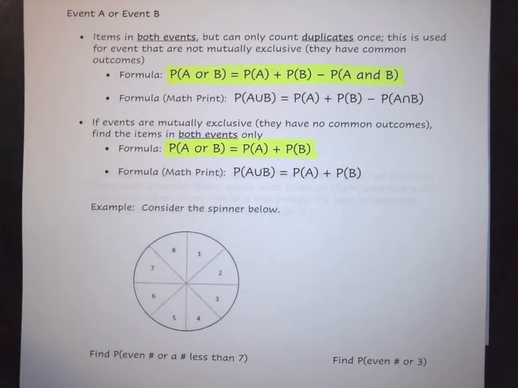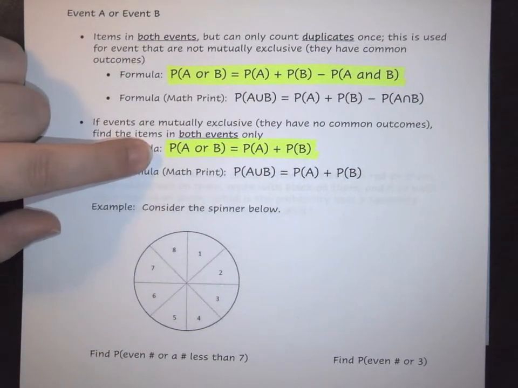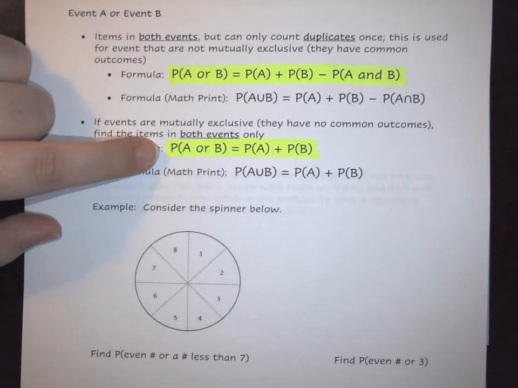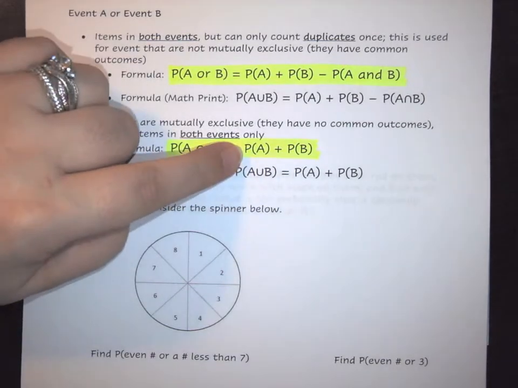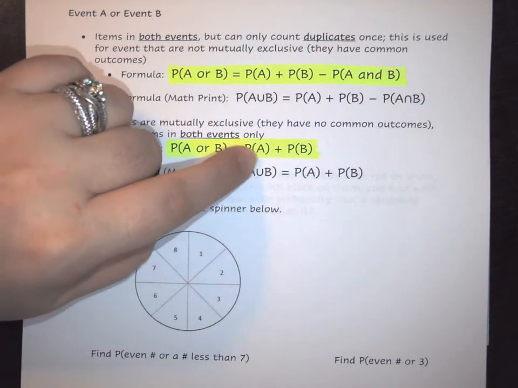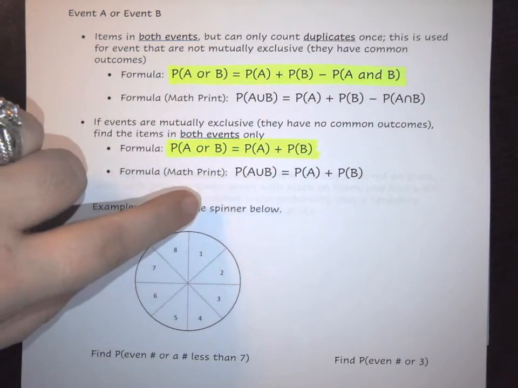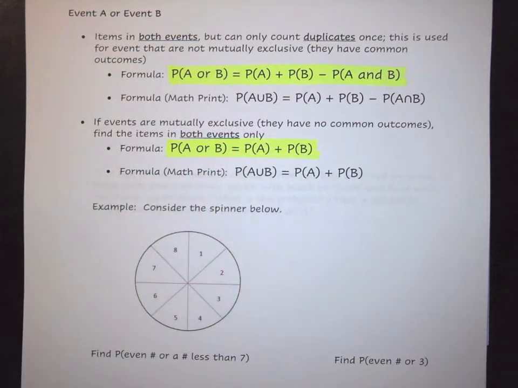However, there are instances like the second formula here where you don't have duplicates. There is nothing in common. And so in that case, we would just simply have that the probability that A or B happens is the probability that A happens plus the probability that B happens. Since there's no duplicates, there's nothing for me to subtract away.